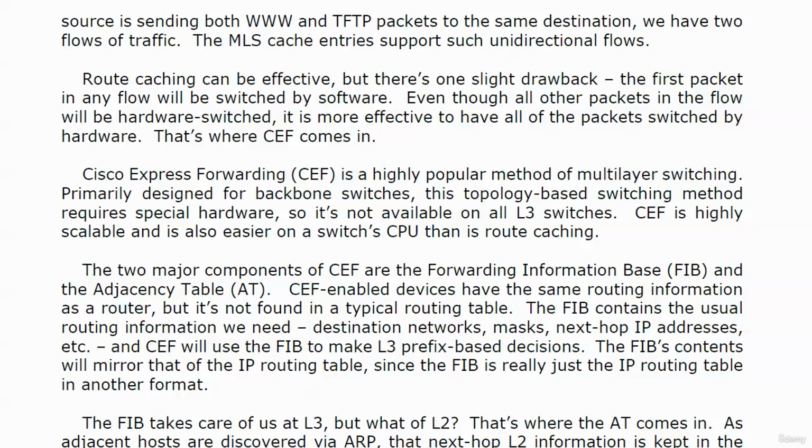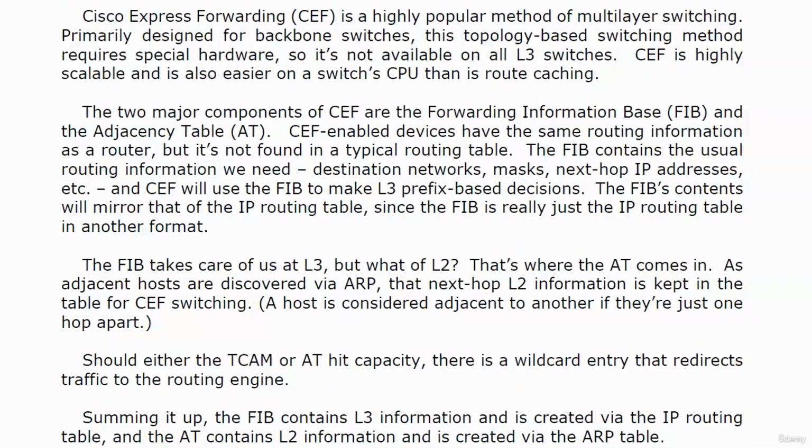Now, route caching is effective, but there's one slight drawback that I mentioned. The first packet in any flow is going to be software switched. All the other packets in the flow are going to be hardware switched, but it's much more effective to have it all done by hardware to begin with. And that's where CEF, Cisco Express Forwarding, comes in.